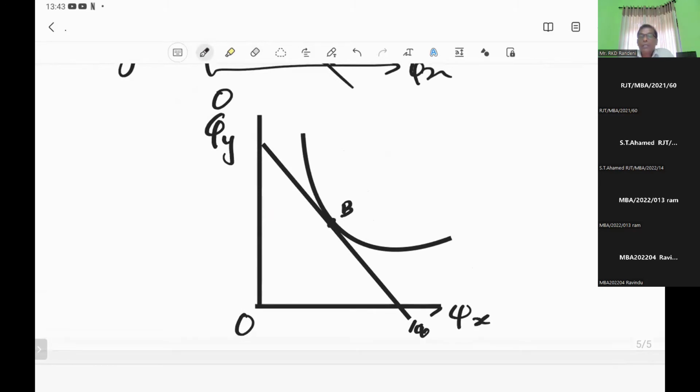Now, according to point B, the slope of the indifference curve is equal to the slope of the budget line. Slope of the indifference curve means MRS. Slope of the budget line means the price ratio of the two commodities.